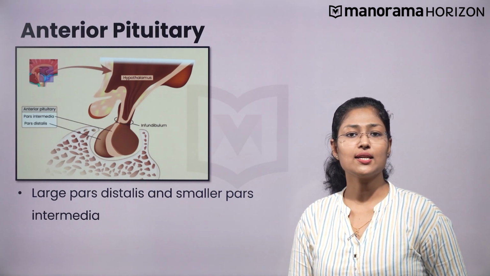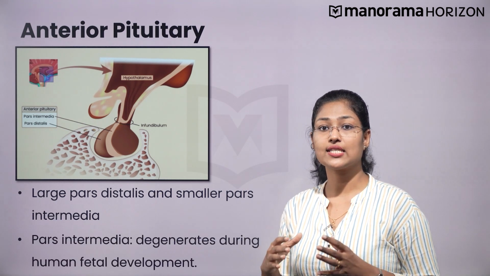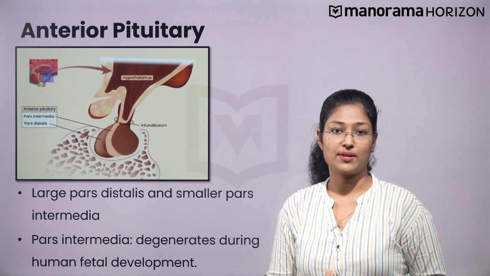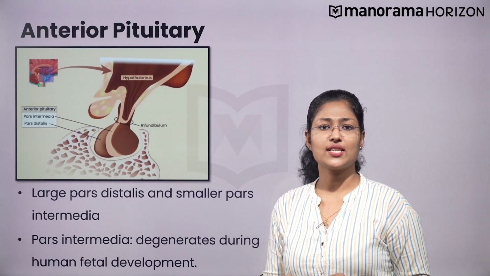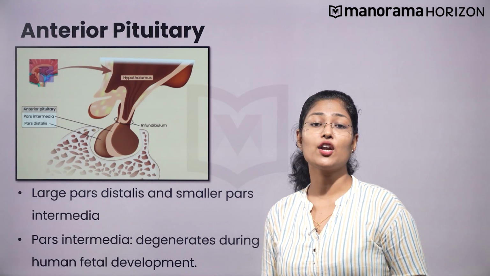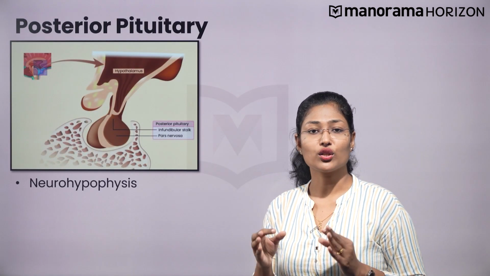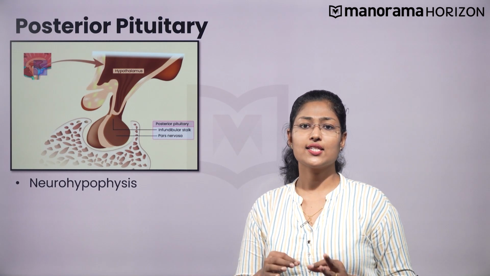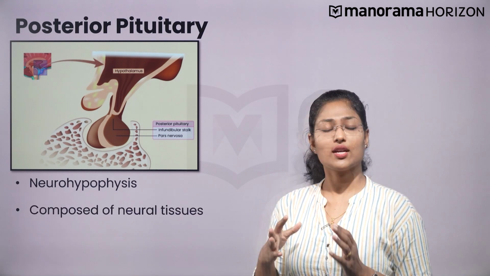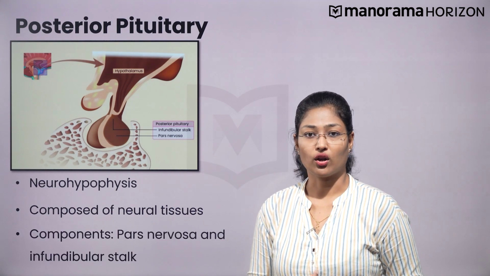The pars intermedia is a part of the pituitary gland that degenerates during human fetal development. It is not present as a separate lobe in adults, but some of its cells become a part of the anterior pituitary. The posterior pituitary or the neurohypophysis is composed of neural tissue. It includes the pars nervosa and the infundibulum stalk.